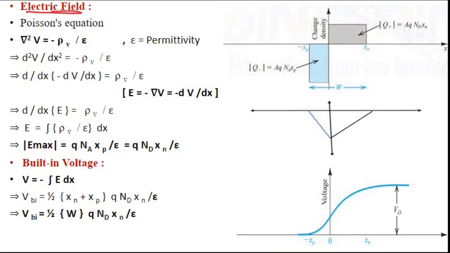For the relation for the electric field, we need two equations. One is Poisson's equation, that is del square V, which is equal to minus rho V by epsilon, and another is E, which is minus del V, which is nothing but first order differentiation.